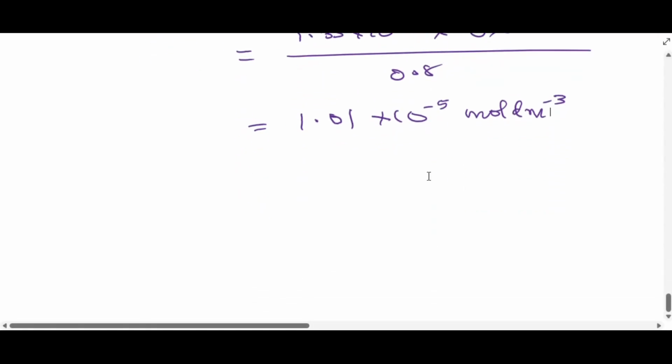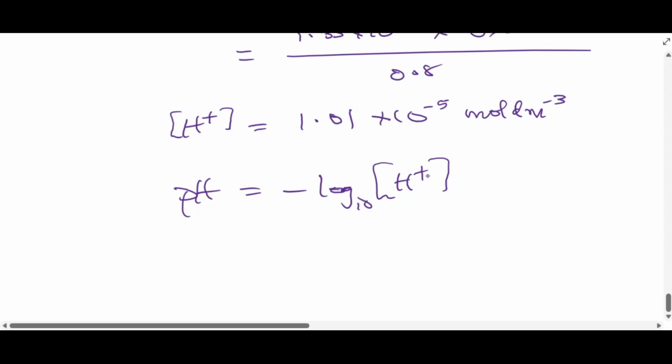But we are asked to calculate the pH, not the concentration of the hydrogen ion. So how do we calculate the pH? We calculate the pH from the concentration of hydrogen ion. Remember, pH of a solution equals minus log of the concentration of hydrogen ion of that solution.